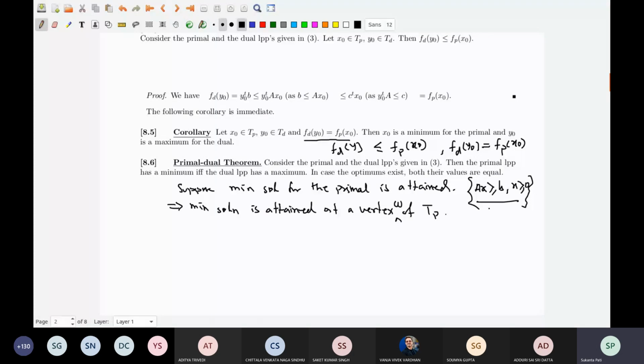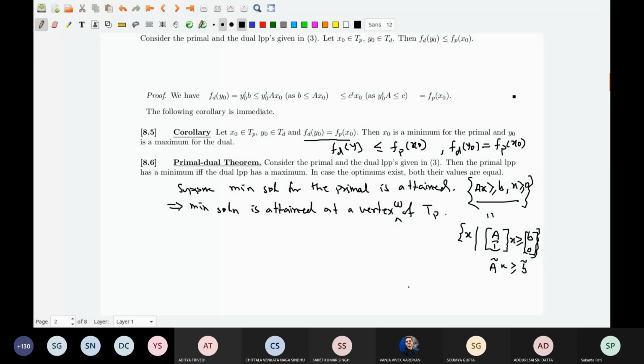So I can write this particular set as the set of all x such that A identity x is greater than or equal to b 0. So it is written as A tilde x greater than or equal to b tilde. I can write it this way.